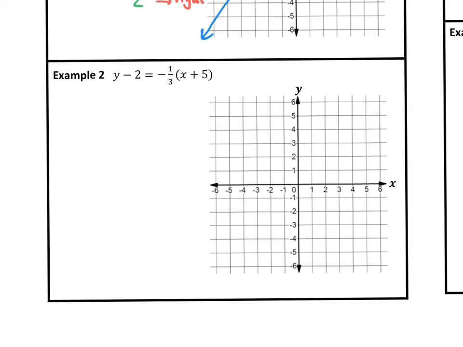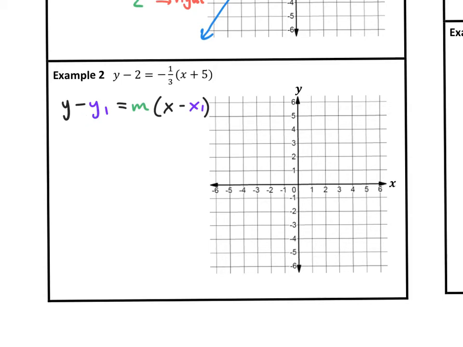And I always like to, for you guys, rewrite the equation, and I like to color code things so that we can see what we're working with. Okay. All right, so if we notice, the example has y minus 2, my equation has y minus y1.